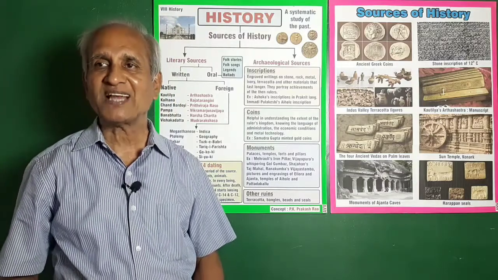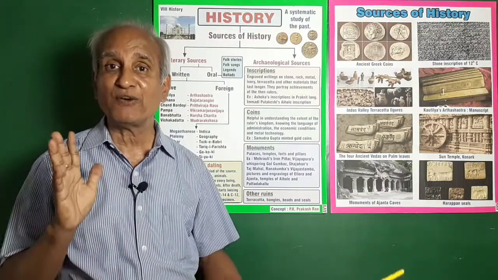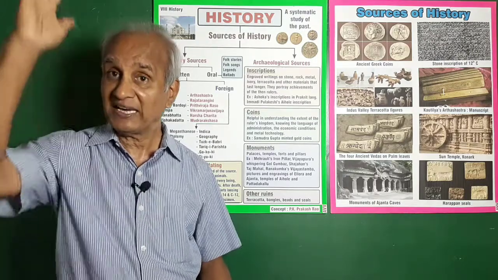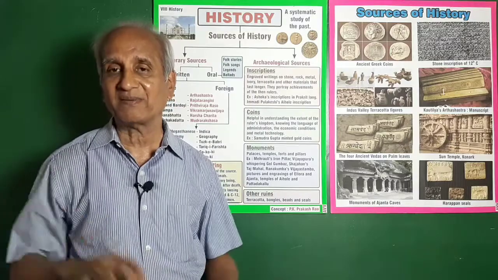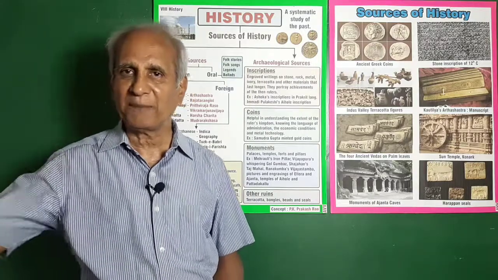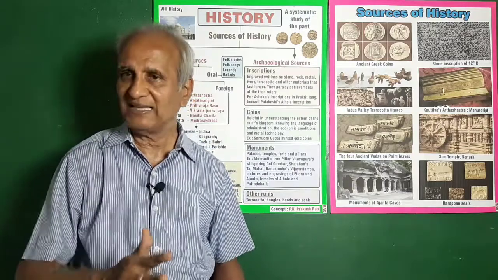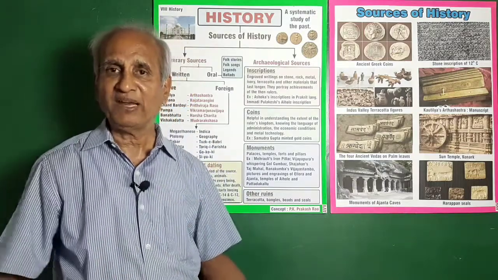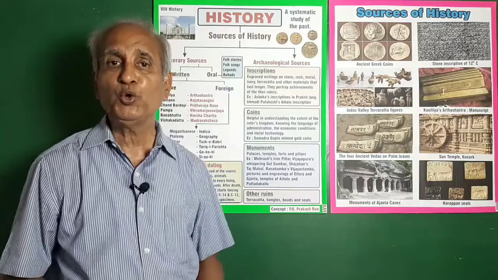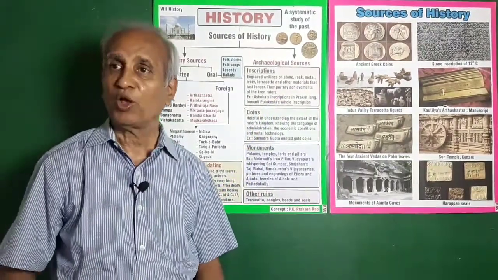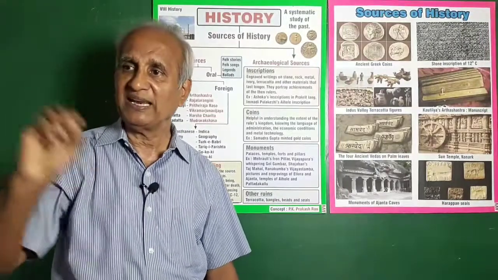Ashoka started spreading the message of great Buddha everywhere. China, Japan, Afghanistan, Sri Lanka, Ceylon, Burma. He sends his ambassadors, and everywhere he starts putting up huge edicts, inscriptions on rock. You get it engraved.